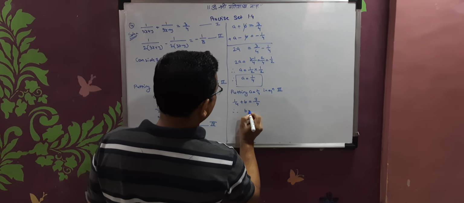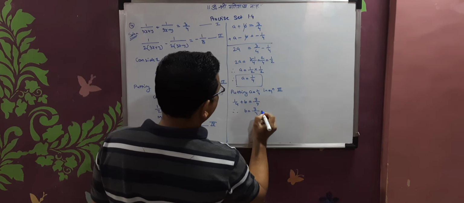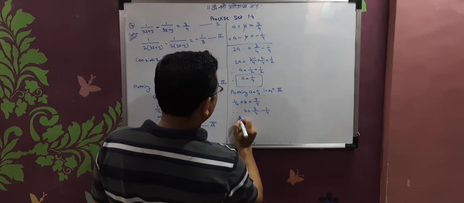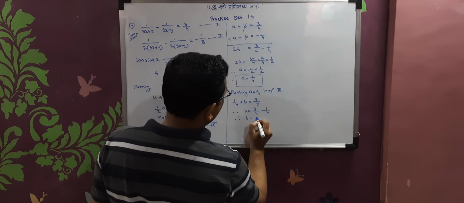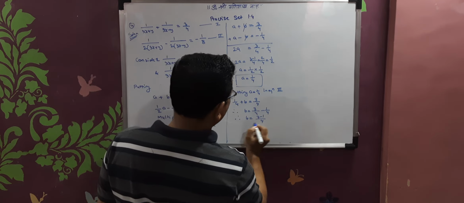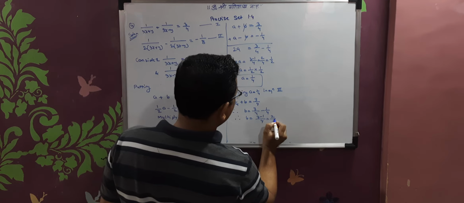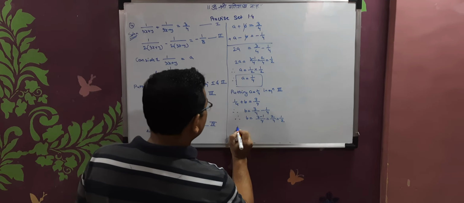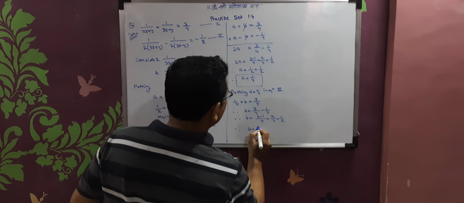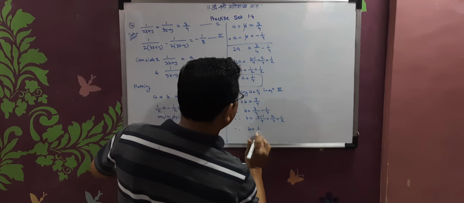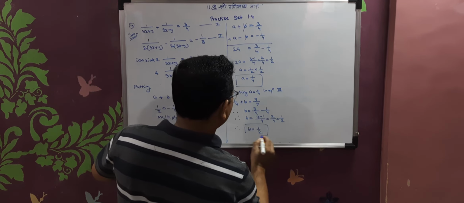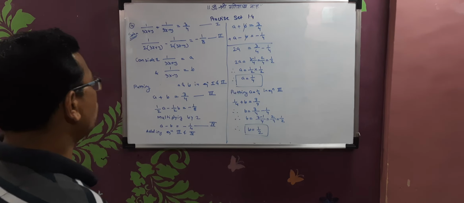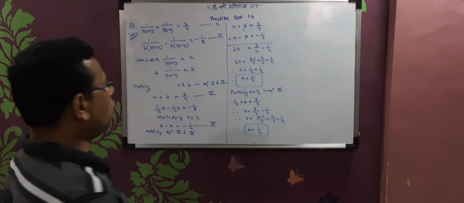So B is equal to 3 by 4 minus 1 by 4. So B is equal to 3 minus 1 divided by 4 is equal to 2 by 4 is equal to 1 by 2. So B is equal to 1 by 2. Now we have calculated the value of A as well as value B.